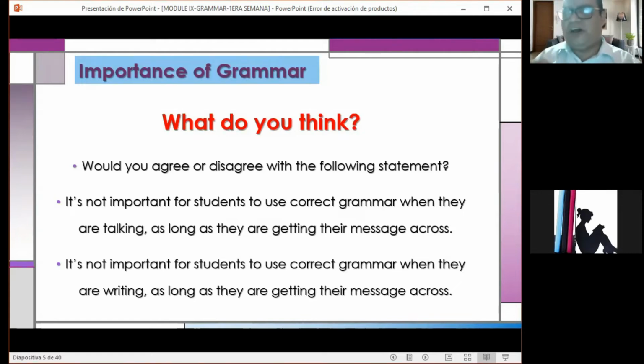So notice the final message. It's not important for students to use correct grammar when they speak, as long as they are getting their message across. So in other words, if they are understood, grammar doesn't matter. What do you think about it?